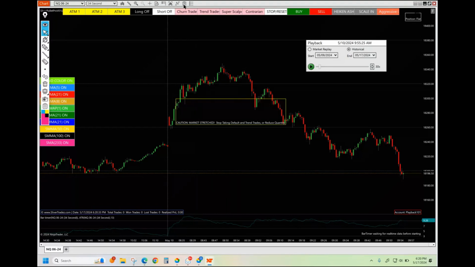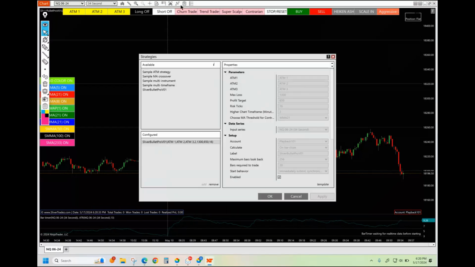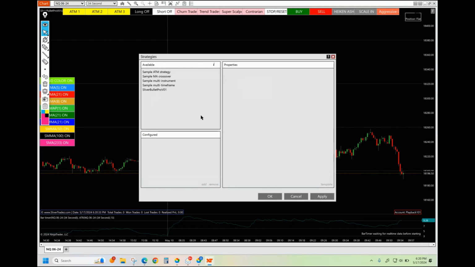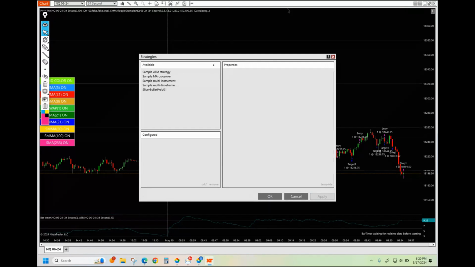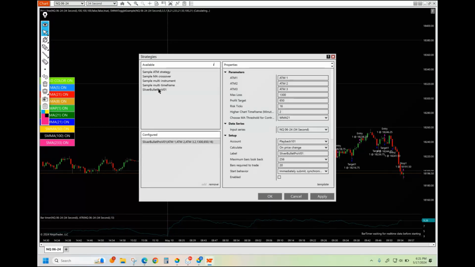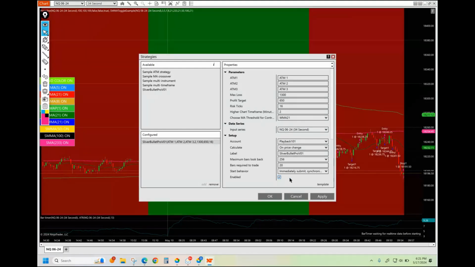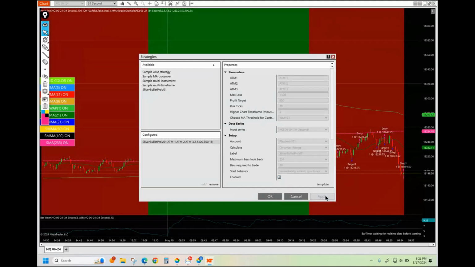That's one way of restarting, or you can click on this strategy icon. You can remove the existing strategy and say apply. So it has removed the strategy from the screen, and then you reload the strategy, enable it and apply.